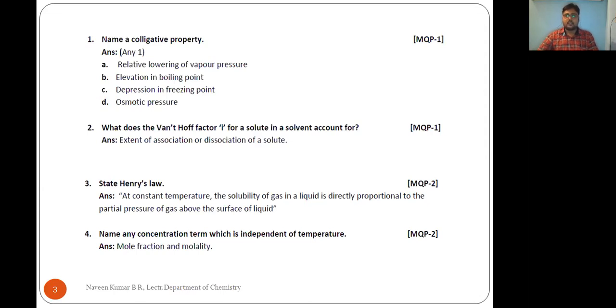Now what are these i values equal to 1, less than 1 or greater than 1 signify? So whether a solute undergoes dissociation or association in the given solvent. So hence the significance, or what the Van 't Hoff factor i for a solute in a solvent accounts for, is whether it undergoes any dissociation or association.